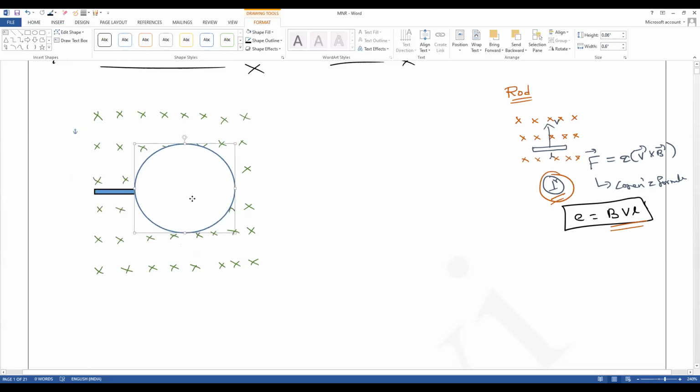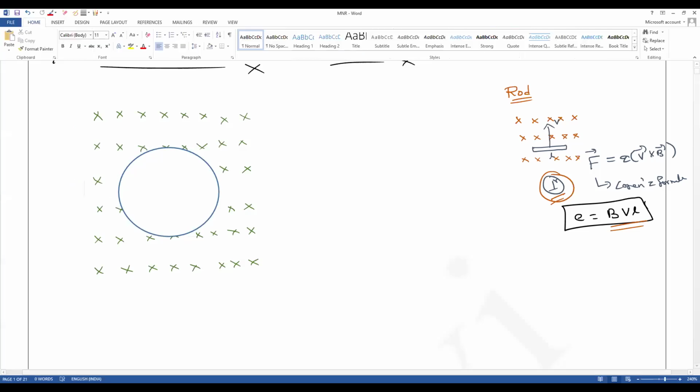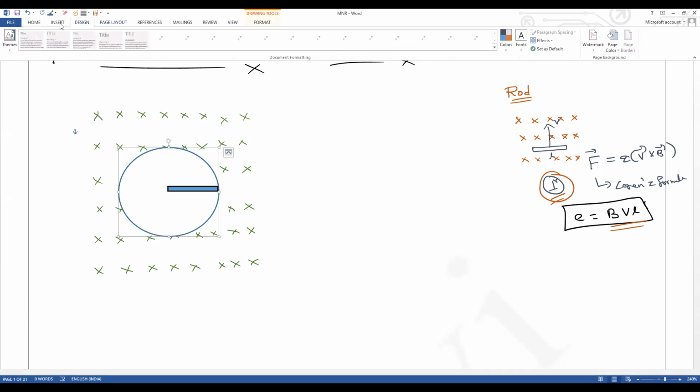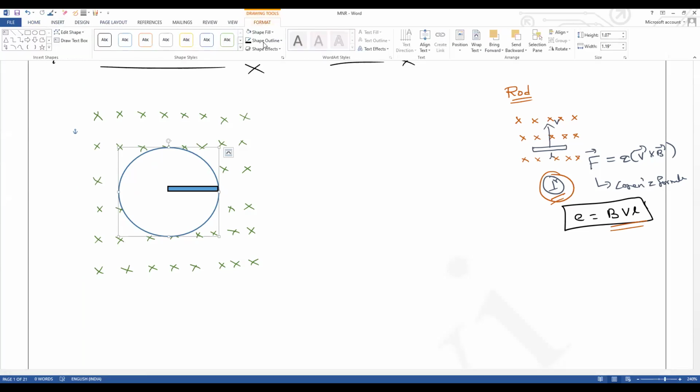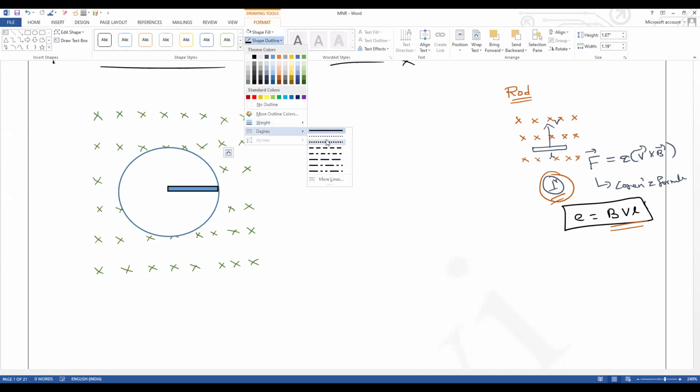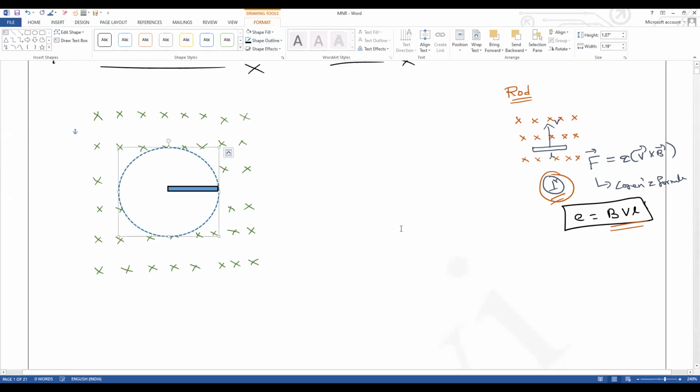Okay, again, I'll draw. So with the radius r, is it okay, guys? Everybody understanding? It will spin or not? So it will keep on revolving in this direction.